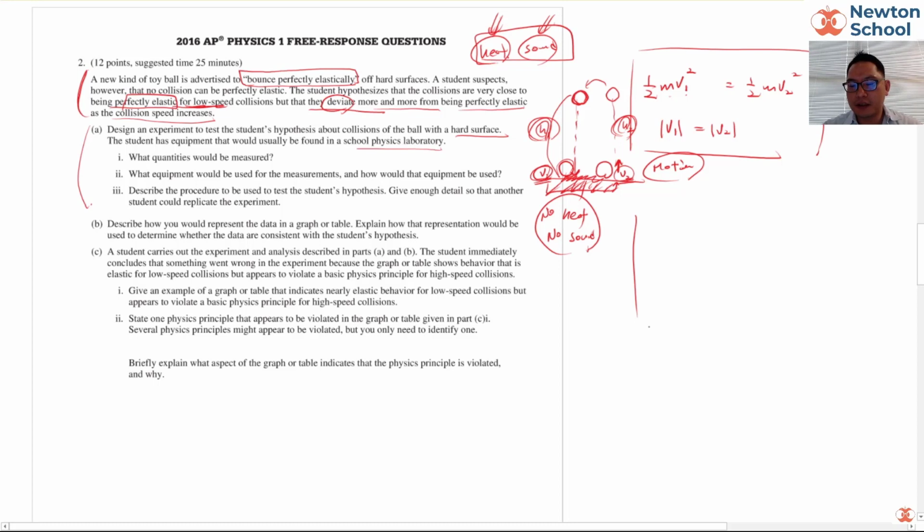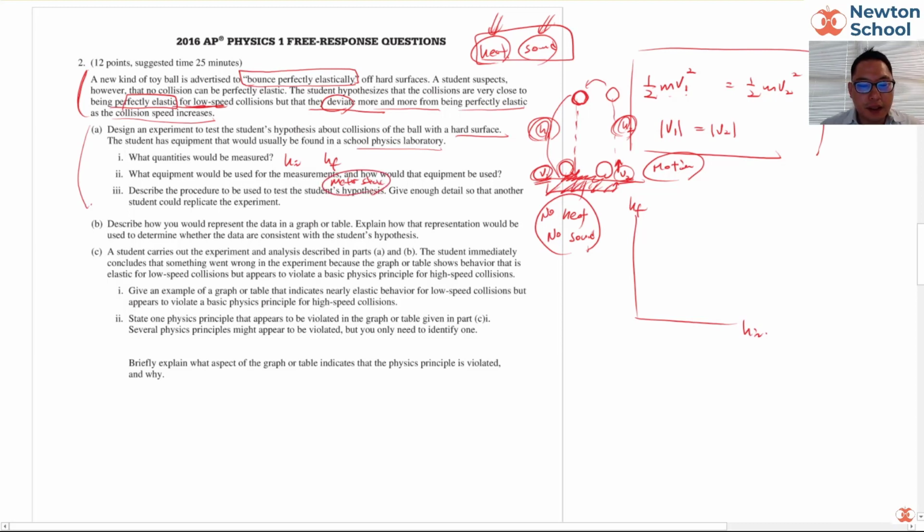But here I'll just use initial height and final height. So I'll say measure the initial height and measure the final height. What equipment will be used? You can use a measuring tape, or for a small distance a ruler, or a meter stick. I think all of them work.